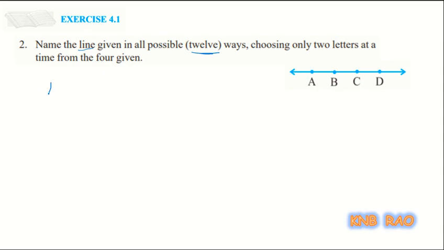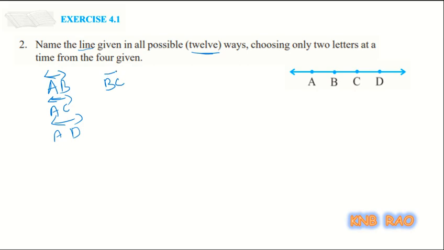So, if I choose AB line, AC line, AD line, so with the letter A as compulsory, one of the points on it I have taken and named this 3 ways.